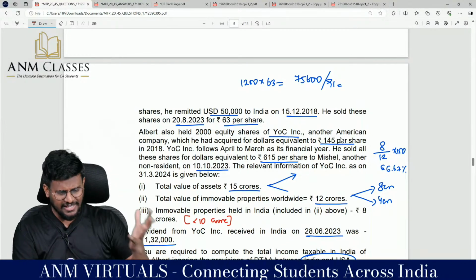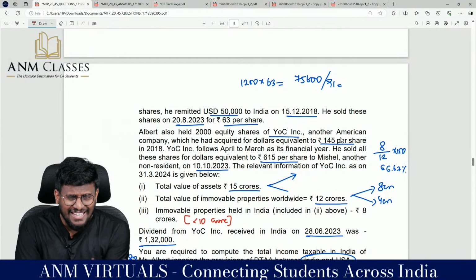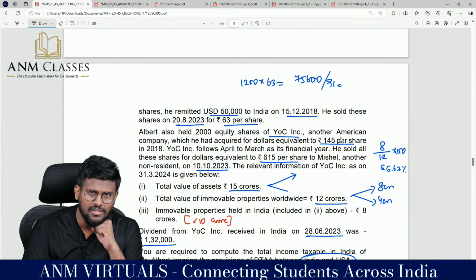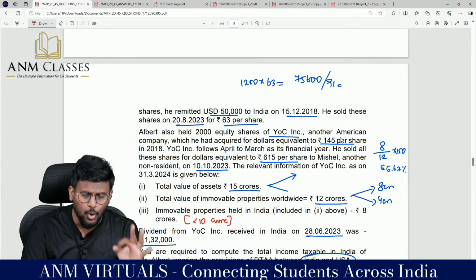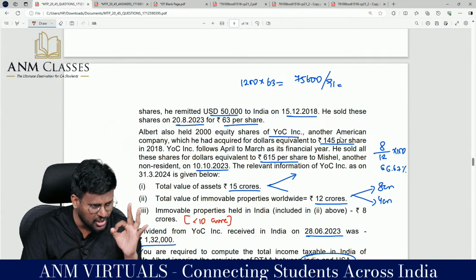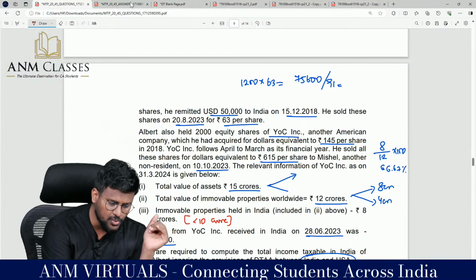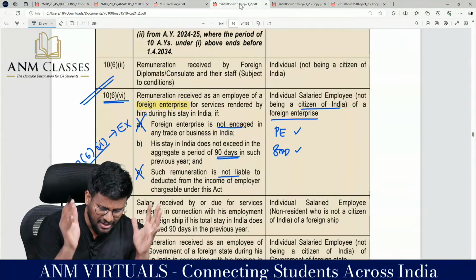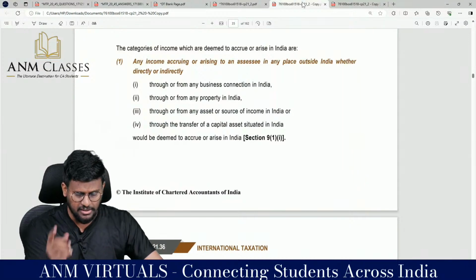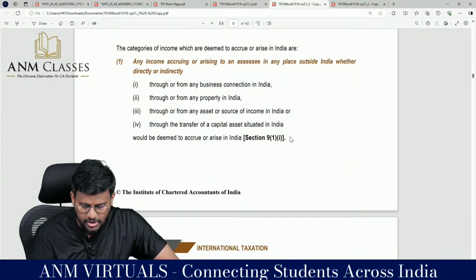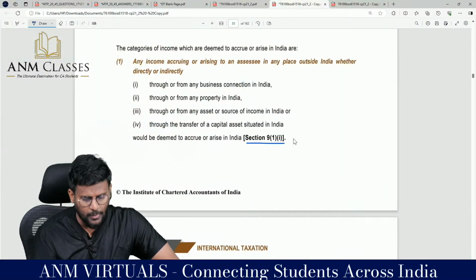Fine. Since a capital asset is situated in India, my dear lovable students, income is accrued or arisen in India as per section 9 subsection 1 clause 1. Even in class, even in last lecture, I have highlighted this for your benefit. I am again highlighting this one. 9 subsection 1 clause 1.